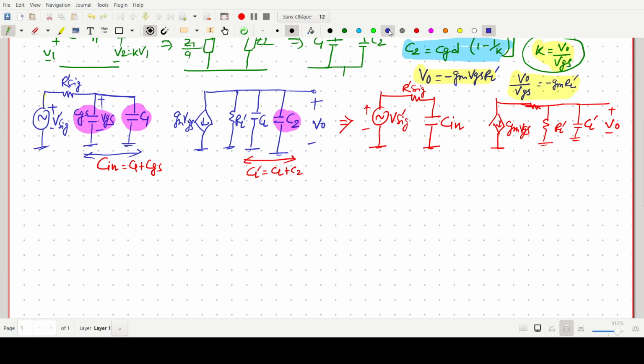Now just think this voltage is VGS. So basically, I am thinking about this portion.